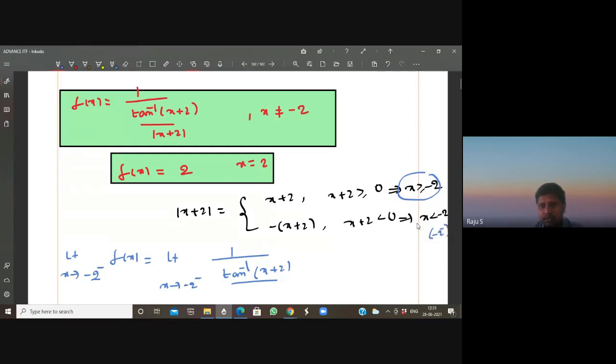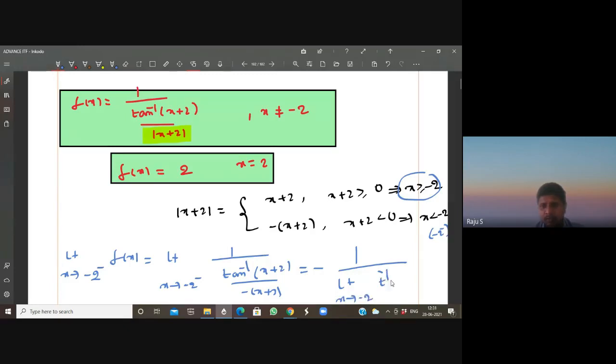Minus 2 minus means left hand limit. What about the modulus x plus 2 value? Is it minus of x plus 2 or plus of x plus 2? Minus, you should write outside. So I want to apply the limit, limit x tends to minus 2.